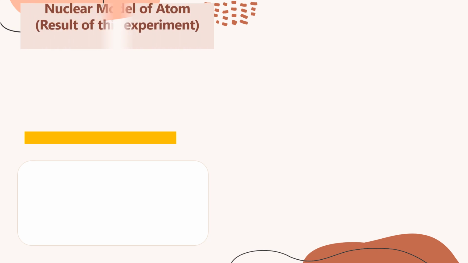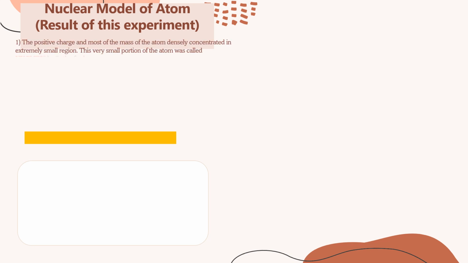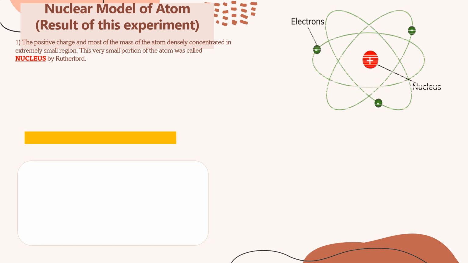On the basis of above observations and conclusions, Rutherford proposed the nuclear model of atom. According to this model, the positive charge and most of the mass of the atom are densely concentrated in an extremely small region. This very small portion of the atom was called nucleus by Rutherford.